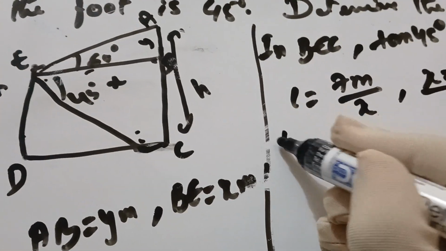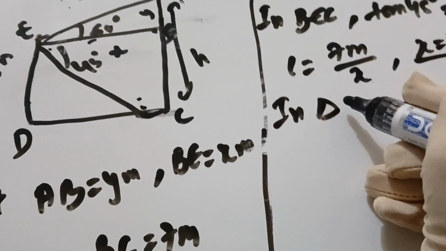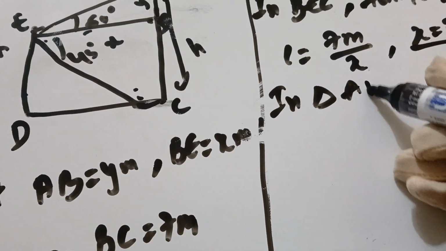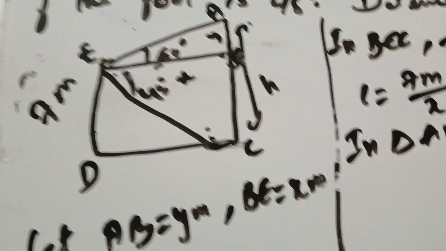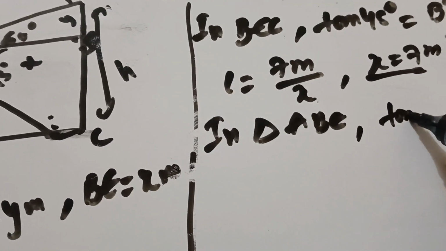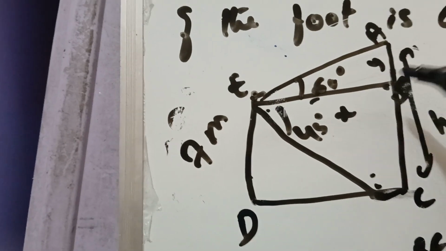Similarly, we solve the right triangle ABE, with the 60 degree angle. So tan 60 degrees is opposite by adjacent, that is AB by BE.